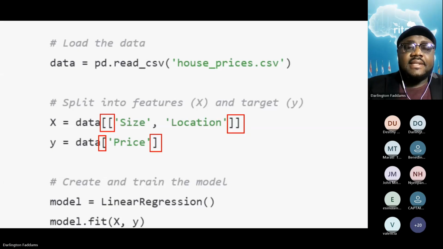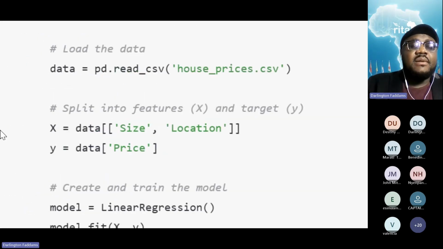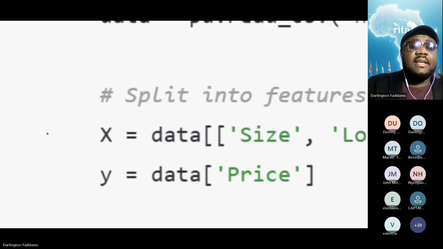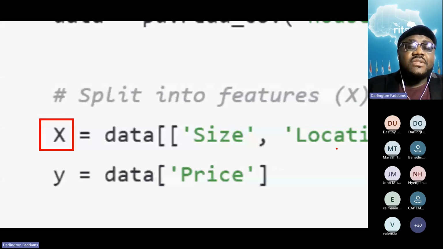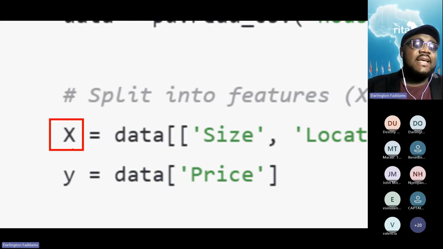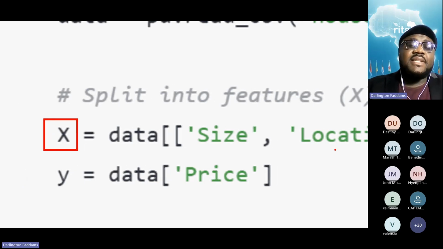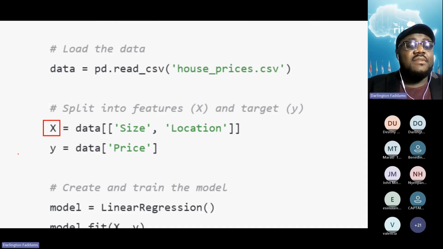And the entire data set, we store it usually in a variable called X. Even though X looks small, it carries all the data sets. If there are 10,000 rows of data used for the training, they are all stored in X. After this splitting, when you call X, X may not be that small. It may have a lot of data. And then we also have Y.